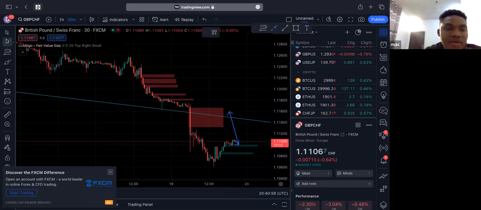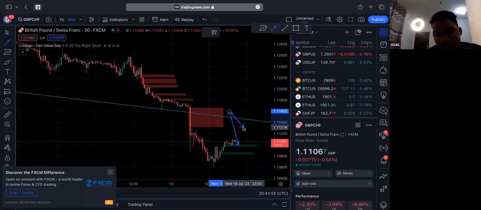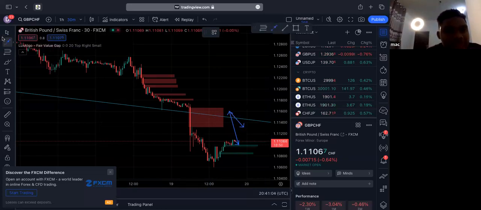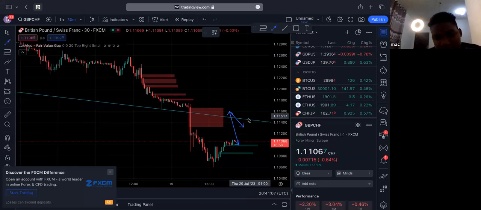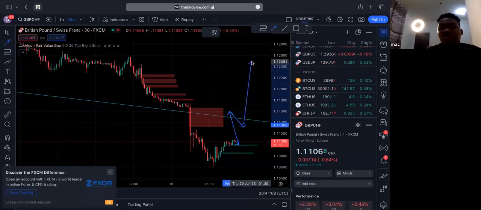And once it sells down, it will still have maybe a short sell around this area, and then the market will still move up and buy. This is likely what is going to happen.